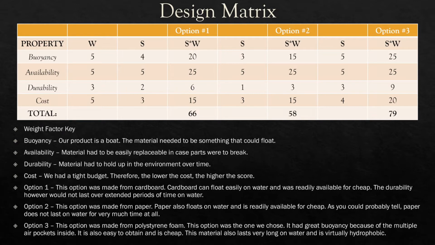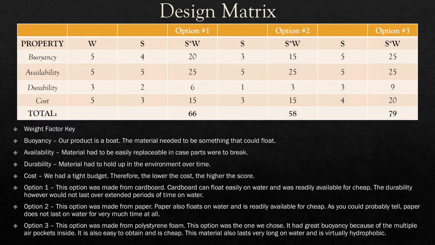Option three ended up being our best option, which was polystyrene foam. Because it scored high on the design matrix, it's what we ended up going with. And polystyrene foam is basically styrofoam.